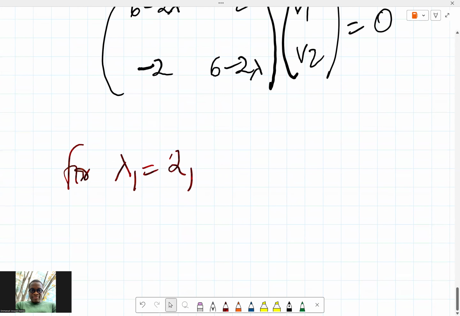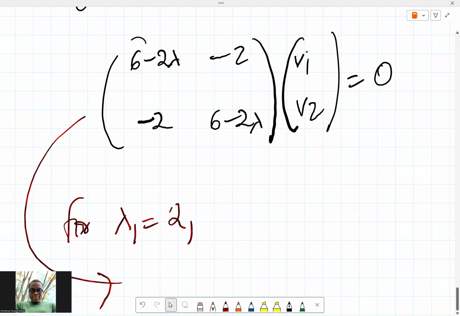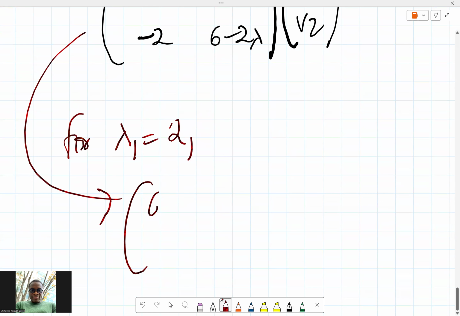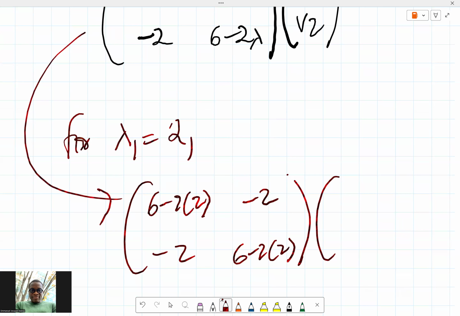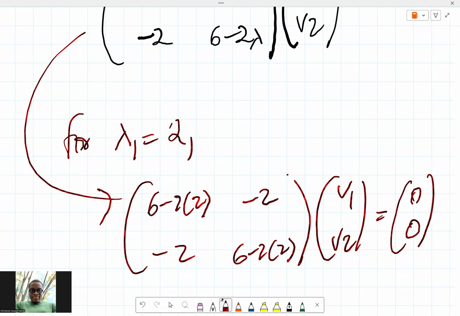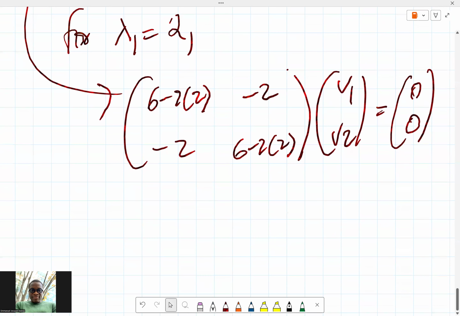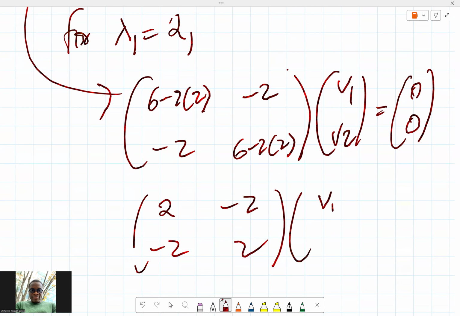So we can have this expression rewritten this way because lambda 1 is 2. So we have 6 minus 2 times 2, minus 2, minus 2, 6 minus 2 times 2 again, into v1, v2, and that is equal to 0, 0. So 6 minus 4 is 2, minus 2 and minus 2, 2, and that is v1, v2 equals 0, 0.